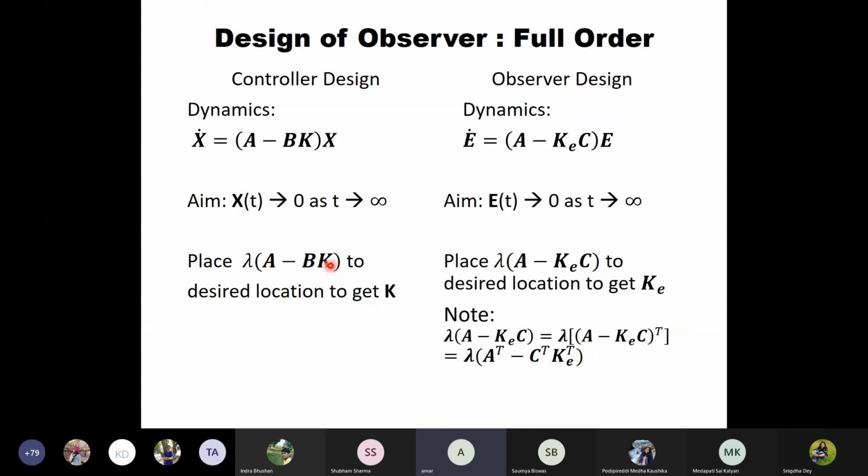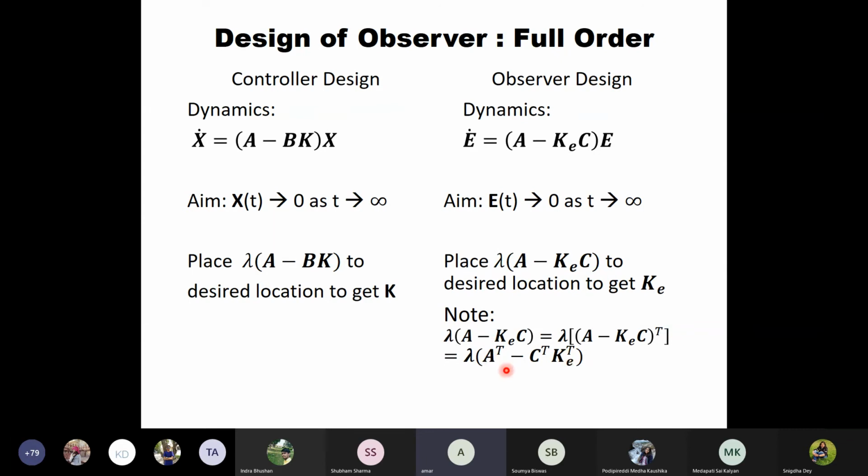Here it is A minus BK, and here it is A minus KeC. So Ke is pre-multiplied over here. If I have to make Ke post-multiplied, then I have to take a transpose on this. So it will become A transpose minus C transpose Ke transpose.